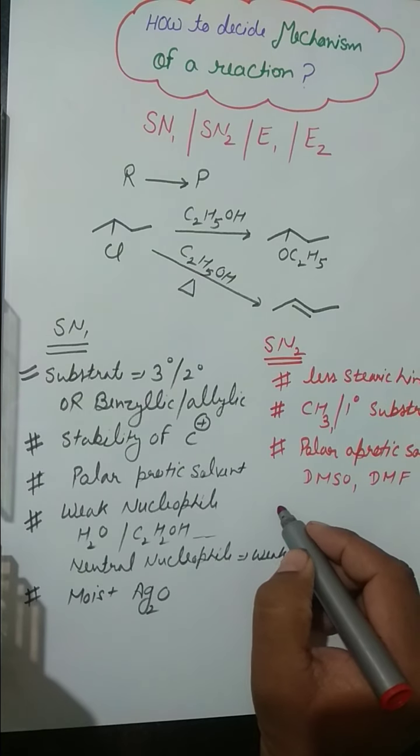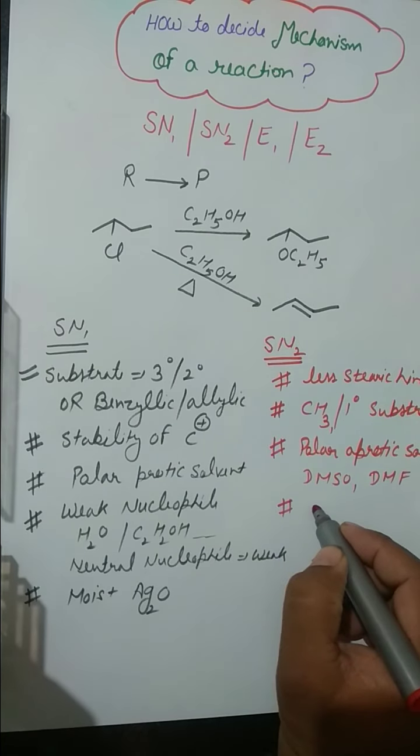Then what about nucleophile? Strong nucleophile. Means our nucleophile should be strong, like negatively charged, CN negative, I negative, Br negative, OH negative. This type of strong nucleophile always favors SN2 mechanism.